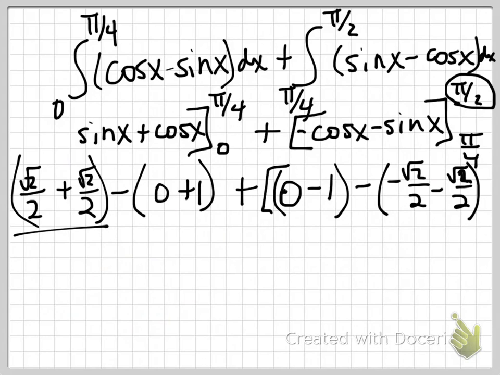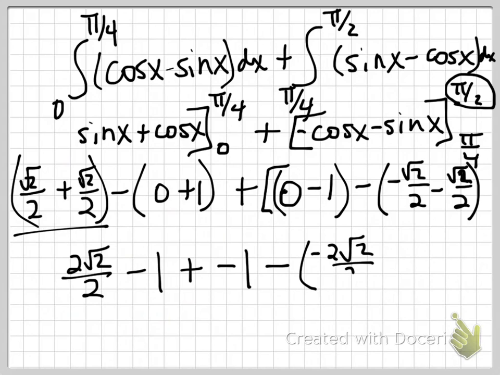Here, I have the square root of 2 over 2 plus the square root of 2 over 2, so that makes 2 square roots of 2 over 2. 0 plus 1 is 1. 0 minus 1 is negative 1. Minus the negative square root of 2 over 2 minus square root of 2 over 2, which is negative 2 square roots of 2 over 2.